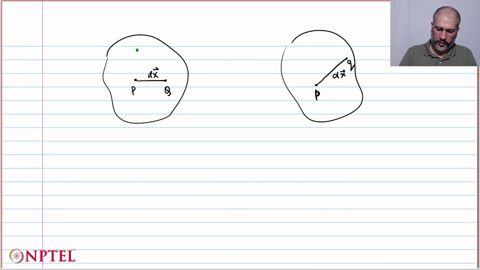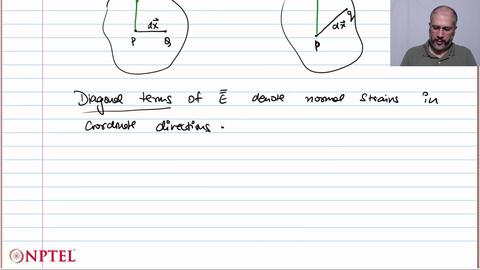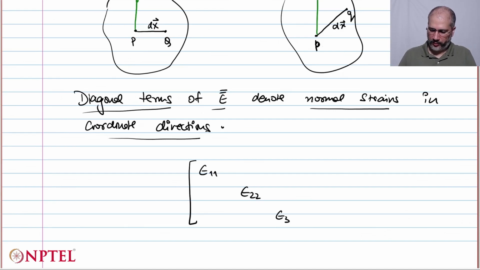Similarly, if I take a point R, so that PR is our element, in this case in the x3 direction, then if the image of this R is this R, then the longitudinal strain in the element PR is epsilon 3 3. So the diagonal terms of epsilon denote the normal or the longitudinal strains in coordinate directions. So epsilon 1 1, epsilon 2 2, and epsilon 3 3 are longitudinal strains in the coordinate directions. So now we understand the diagonal terms of epsilon.